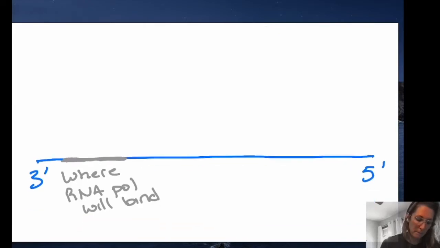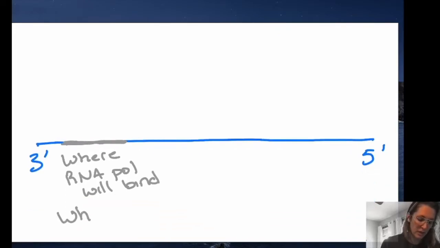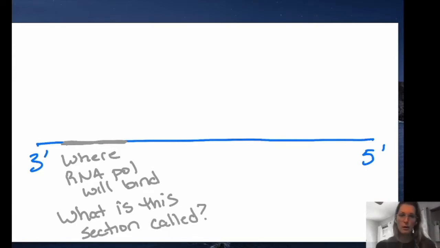What's it called? The whole section, not the little part in it. What is this section called? So this section would be the promoter, right? So RNA polymerase is going to come bind.